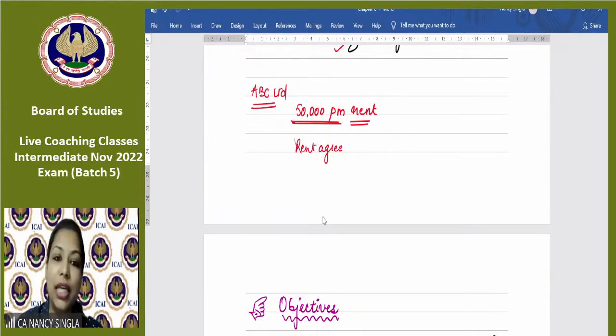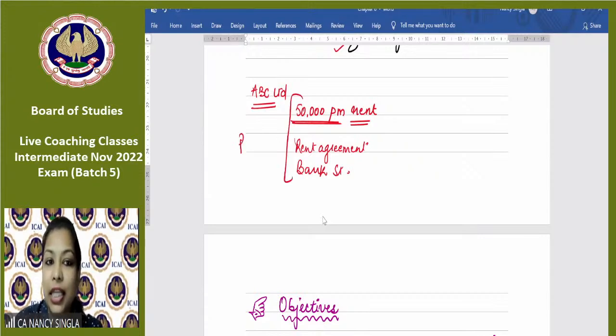Everything can be checked in detail, correct?